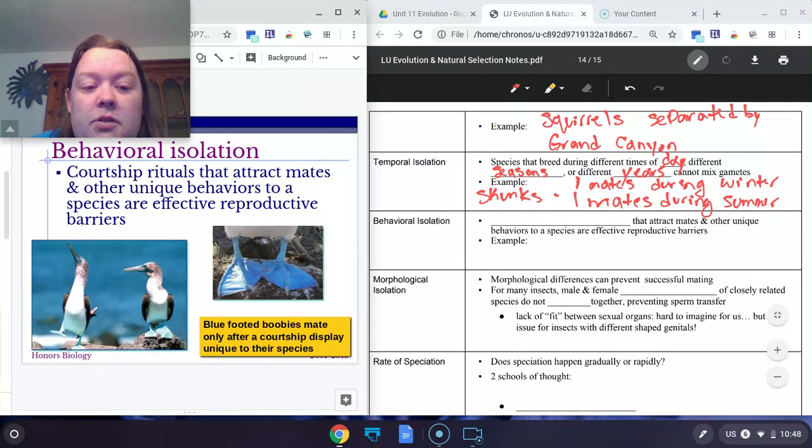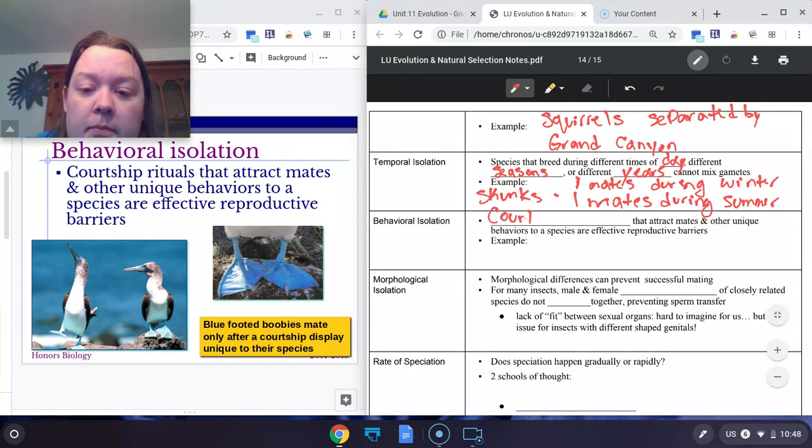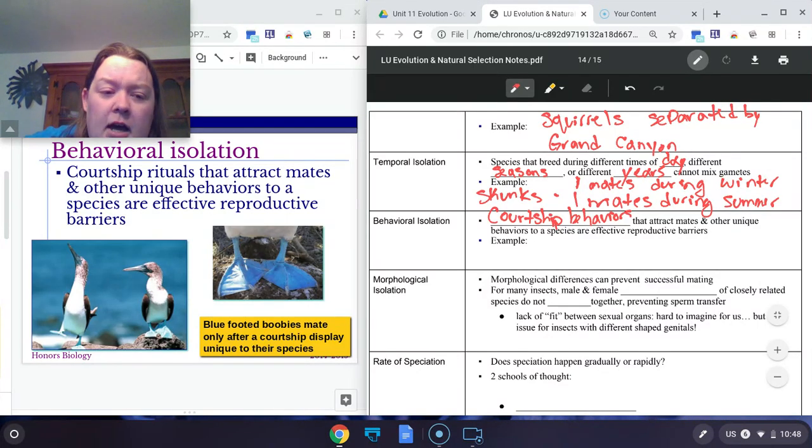Another type of isolation is behavioral isolation. A lot of this comes down to courtship behaviors. And we talked about this a little bit last time, and that's how different species are going to have different rituals on how they attract mates. It could be singing a song or doing a dance or having some type of specific trait that the mate looks for.